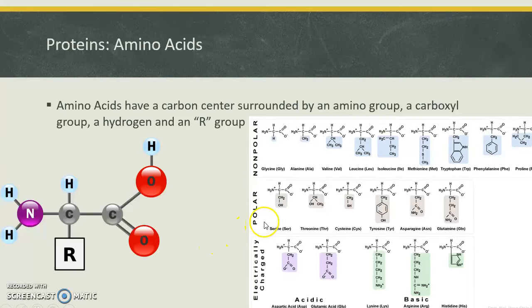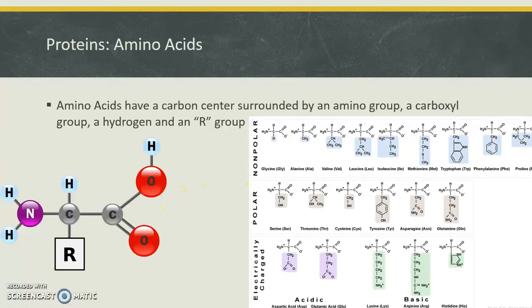So we can take a look over here at all of our different amino acids. These are all the amino acids there are. And you can see that up here that's not in the box is just this. It's the same exact thing. All amino acids are the same up top. But then if you look here, they have something different attached to the bottom of all of them. That's what an R group is. It's just something else.